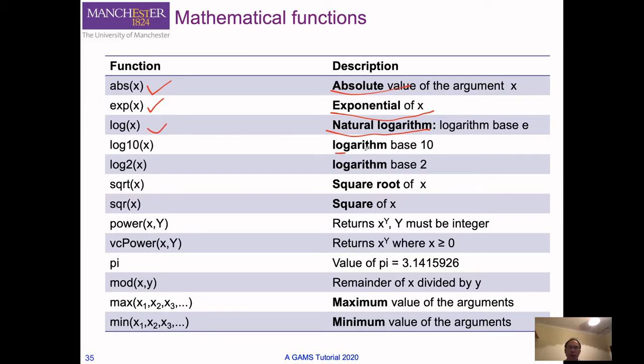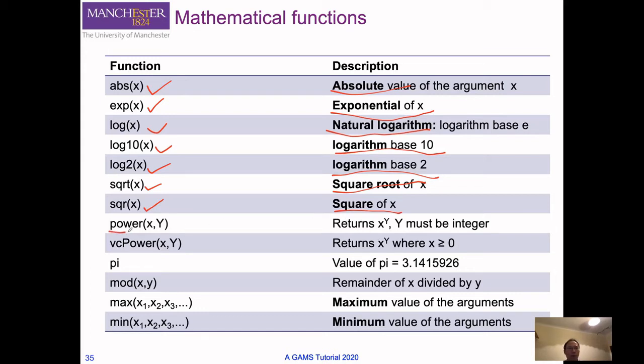If the logarithm base is 10, then we can use log10. If the logarithm base is 2, then we can use log2. Square root of x is sqrt x. Square of x, we can use the function sqr x.